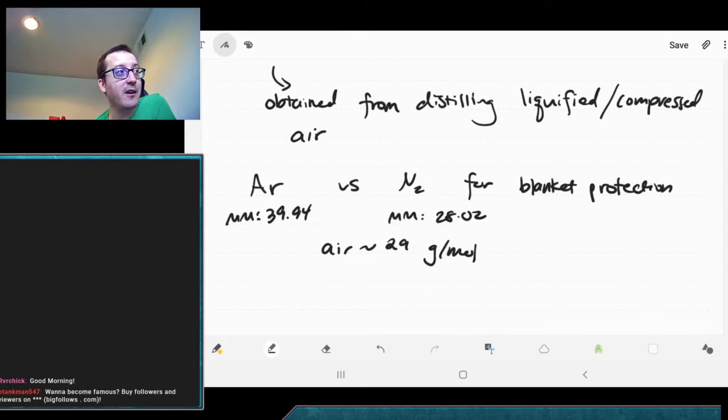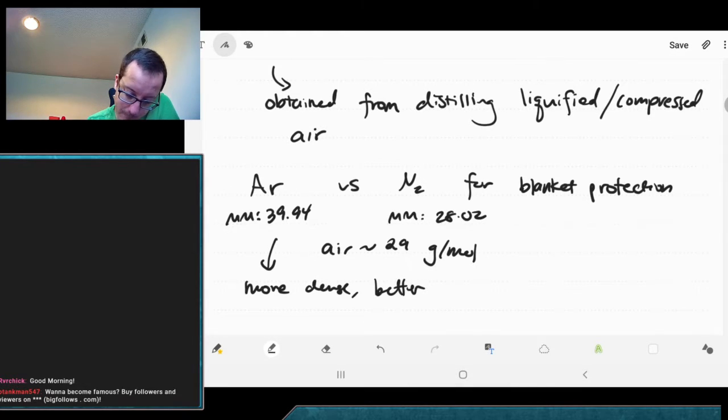So argon is a better protectant as a result because it's denser. And so you can use argon like that as well. But of course, because argon is only 1% of the air, it's a bit harder to obtain. So nitrogen is the cheaper alternative to that.